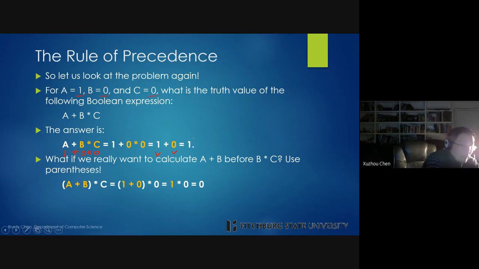Now, if you really want to perform the A or B first, or A plus B first, then this is 1, this is 0, this is 0, then 1 plus 0, that's 1, okay, and then times C, 0, so that means 1 and 0, that gives you 0. So you got a different answer for this. Okay. You don't have to put the parentheses on this if you want to perform this operation, but if you really want to perform the plus first, you have to put the parentheses because the result is different.